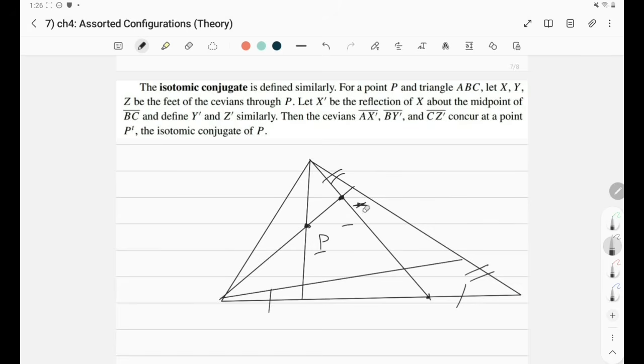Actually, sorry, I think I screwed up here. It should actually be this one here. Sorry for that. Because this one here has this one here, while this one here was for this one here.